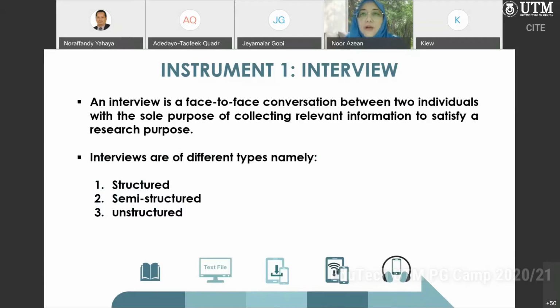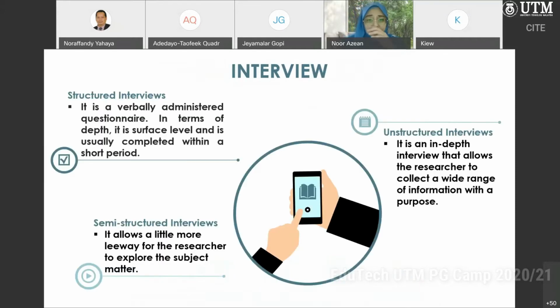Interviews are of different types, sometimes called structured, semi-structured or unstructured, with each having a slight variation from the others. But basically it's an interview. So we have to select which one we want to focus on that is appropriate for our user or our respondent.